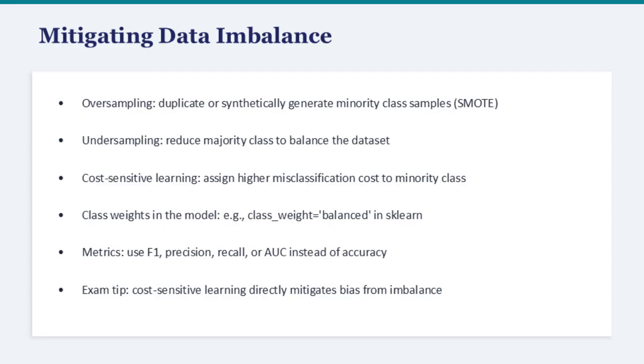The correct answer on the exam is cost-sensitive learning, not normalization that doesn't address imbalance, not collecting more data on the majority class that makes the problem worse, not using a simpler model that doesn't address the root cause. So remember, for imbalanced datasets, don't use accuracy as your metric. Always use F1 score, precision recall curves, or AUC instead.